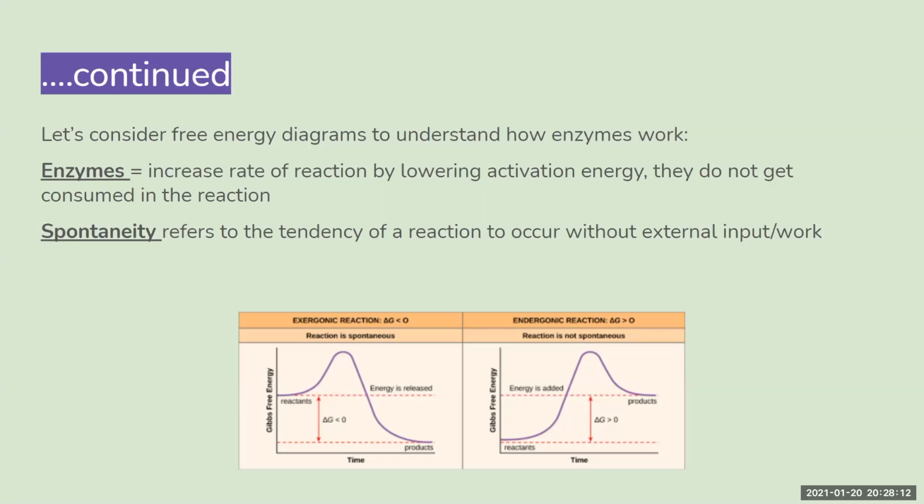So this schematic down here is just showing exergonic versus endergonic reactions. You also can refer to them as exothermic or endothermic, but essentially exergonic reactions refer to energy releasing, while endergonic refers to energy absorbing. So if a reaction is exergonic, it will occur spontaneously, but that doesn't really tell us much about the rate, but that's just something to consider.